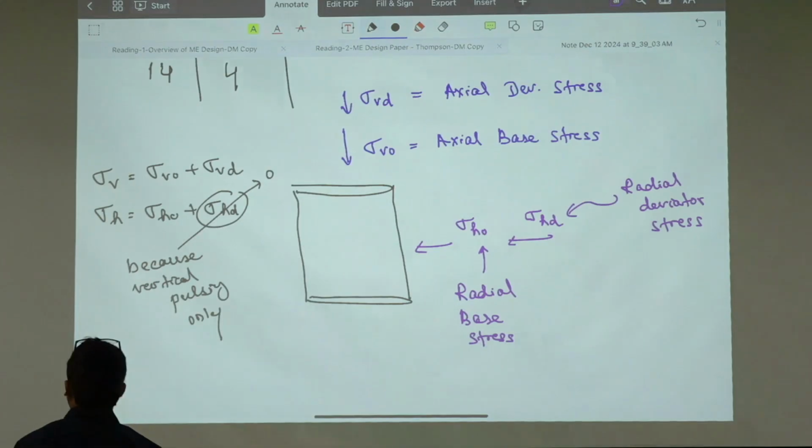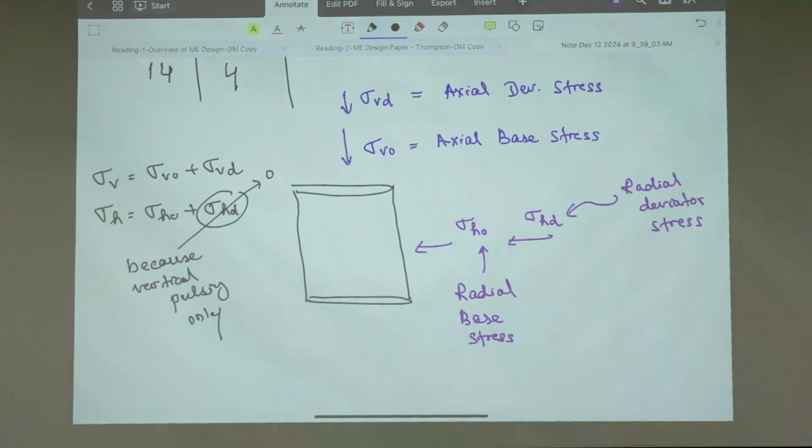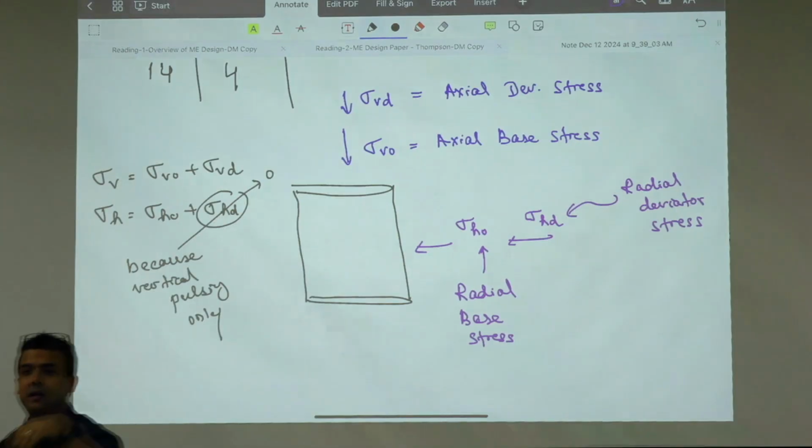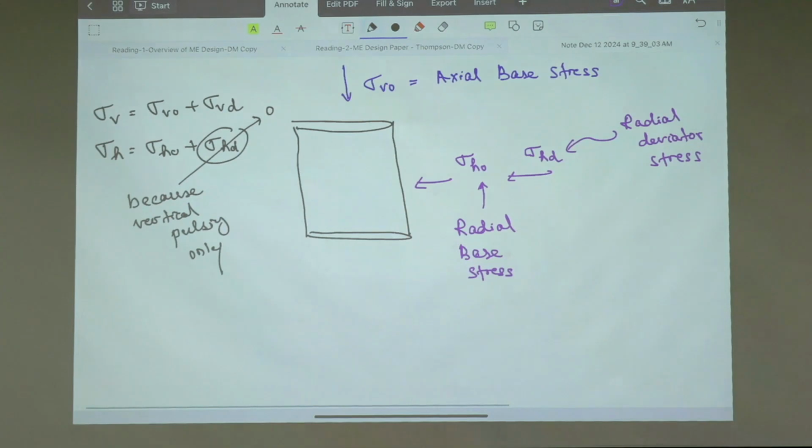Now, because it's a triaxial test, we can replace the V and H with 1 and 3, major principal, minor principal. So sigma 1 in this case is equal to sigma V0 plus sigma Vd, which is sigma V, and sigma 3 is sigma H0.